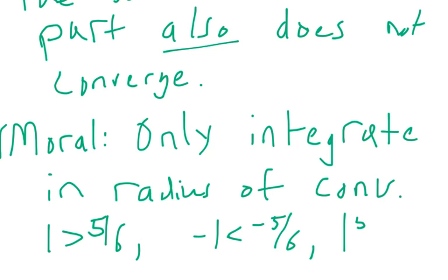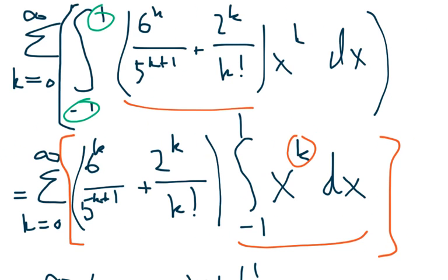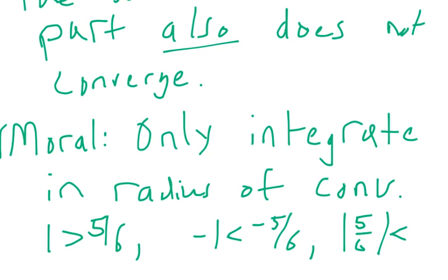So the absolute value of x must be less than 5 over 6. So we can only integrate for something inside that radius. So this stuff outside doesn't work. So that's why this doesn't work.